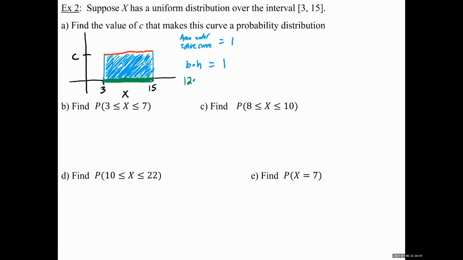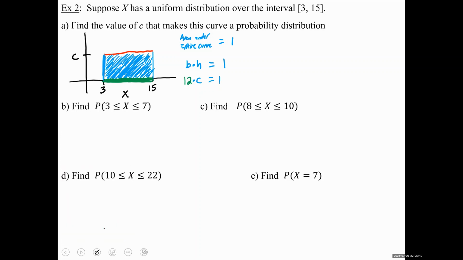You get it though? Yes. Okay, and then the height is c. That's what we called c. c is the height. It's the length of this part here. That's what c is. And that has to equal 1. And now we got to do some algebra. This is the only algebra we're ever going to do in this entire class. And it's very simple algebra, but you got to solve that for c. Does anyone know how to solve it for c?